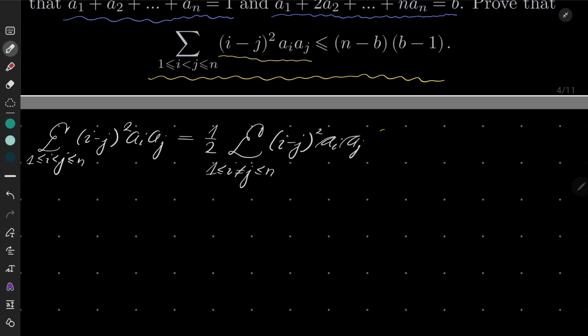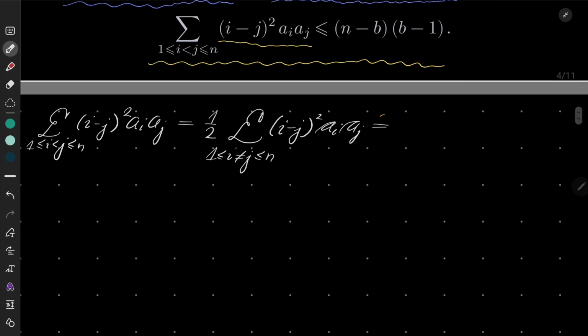Well, because of symmetry, if I change places of i and j, we see that we get exactly the same sum. So it doesn't matter if i is less than j or if j is less than i. We get exactly the same sum, so we have twice the sum here.